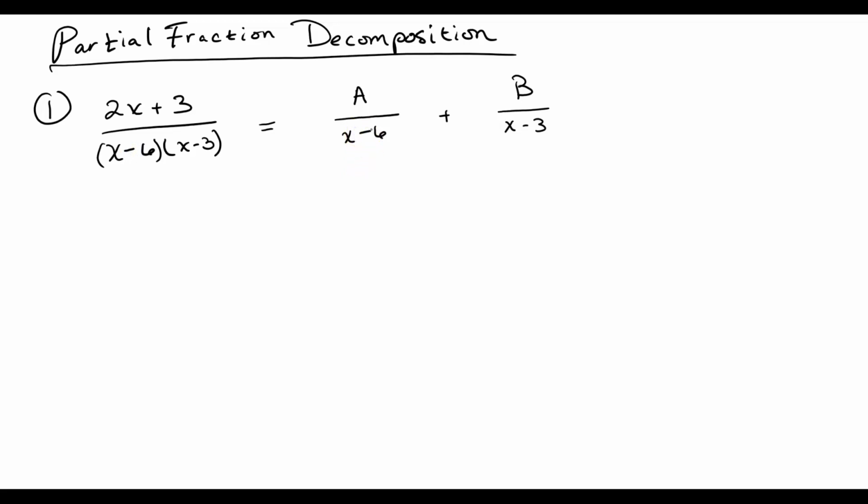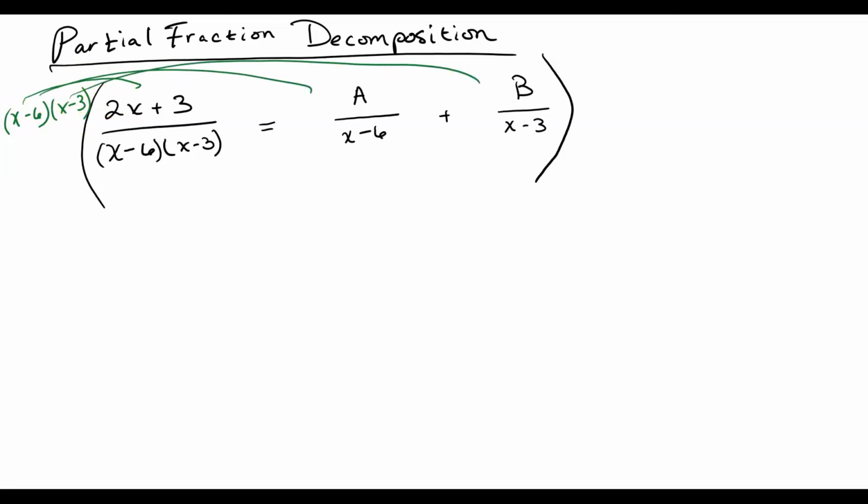All right, so what we're going to do here is multiply everything by the denominator to eliminate the denominator. I'm going to put parentheses around there, and multiply everything by (x - 6) and (x - 3). I distribute that across the board. That eliminates the denominator completely in the first fraction.